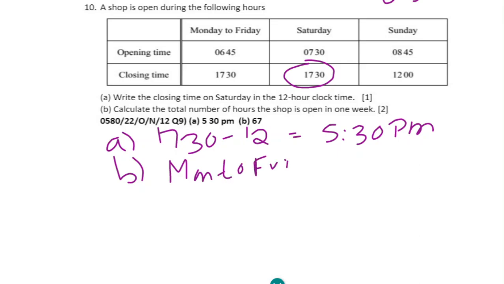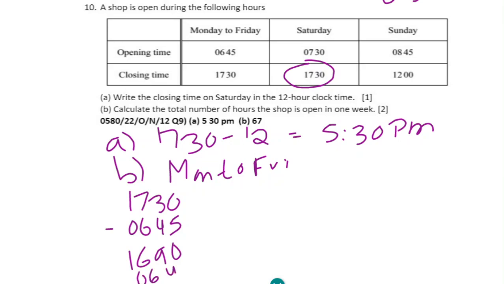We have 17:30 minus 06:45, which gives us 10 hours 45 minutes on Monday only. Multiply this by 5 because the same operational hours hold for Tuesday, Wednesday, Thursday, Friday as well.